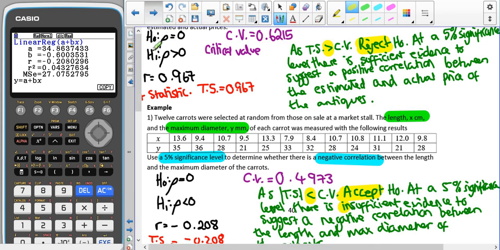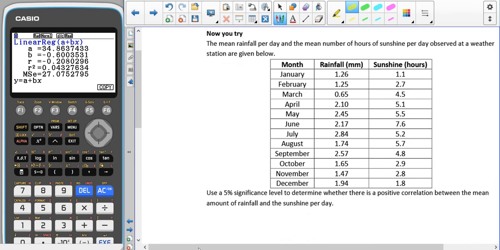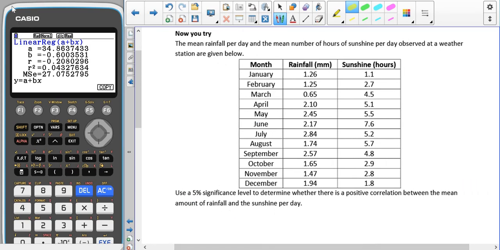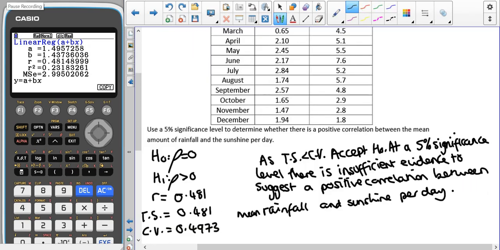So now I would like you to pause the video and give the Now You Try a go. So hopefully you paused the video and gave the Now You Try question a go. You can see here we've got H0 rho equals 0 again. H1, because we're looking for a positive correlation, rho is greater than 0. Putting the values into our calculator and rounding to 3 significant figures gets us an R value of 0.481, which is our test statistic.